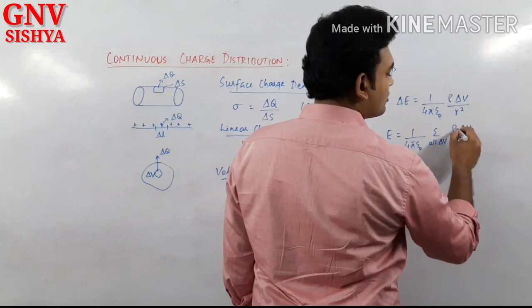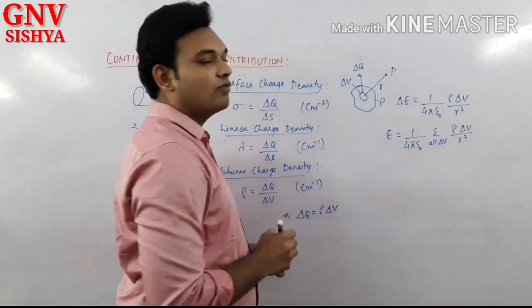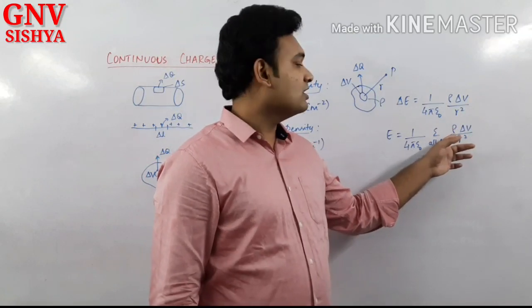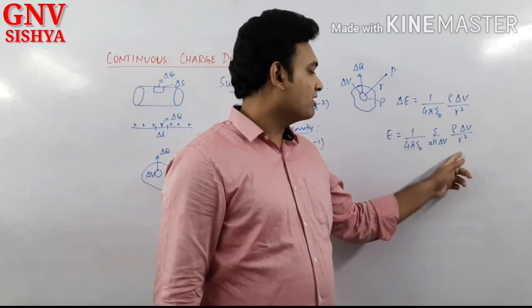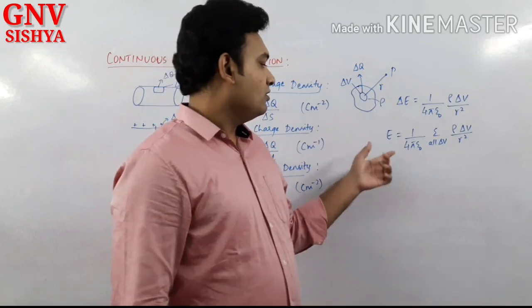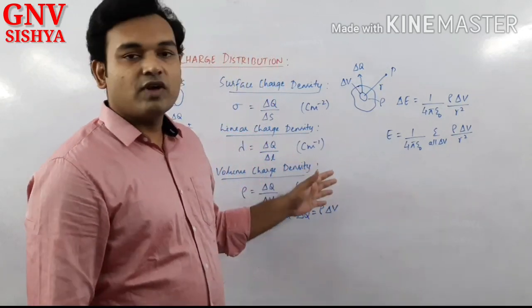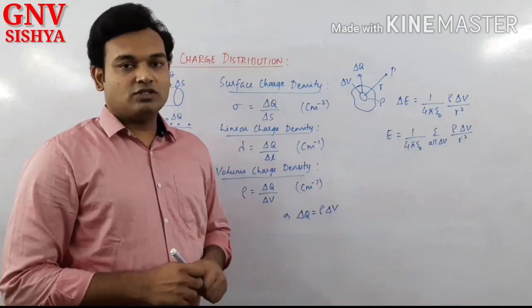When you take a summation of rho del V, we'll get the total volume, right? So volume charge density multiplied by total volume divided by r square we'll have in the equation for finding out the electric field. Okay, so using this we are going to see what Gauss law is next.